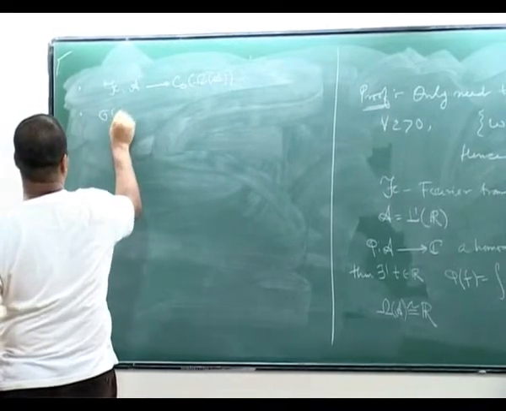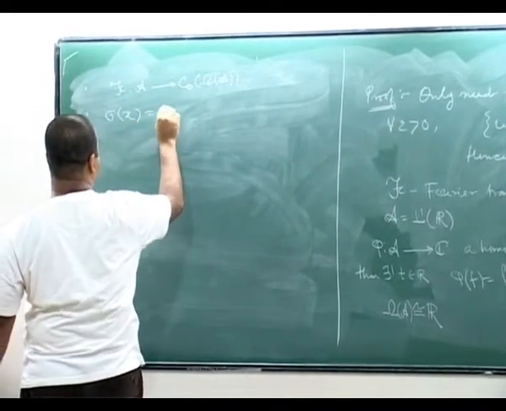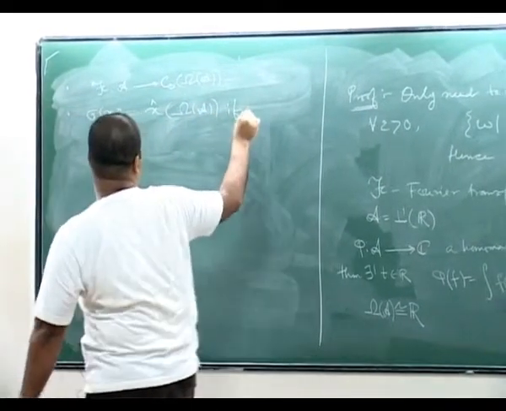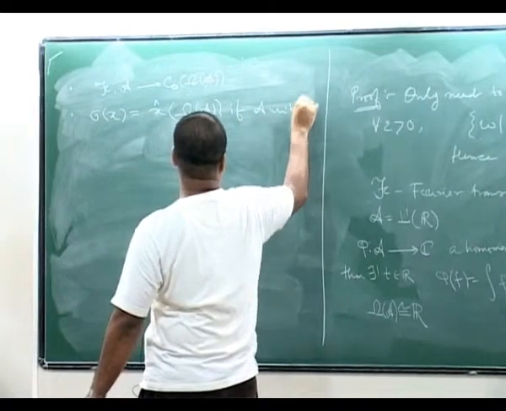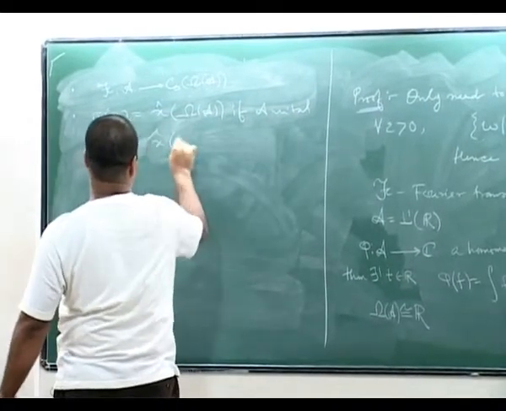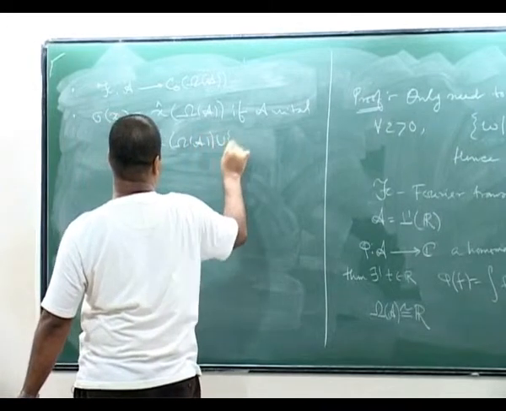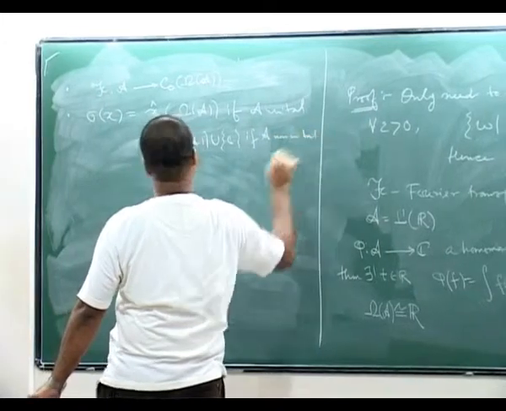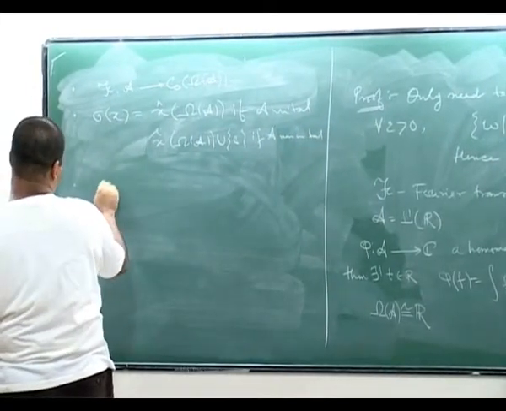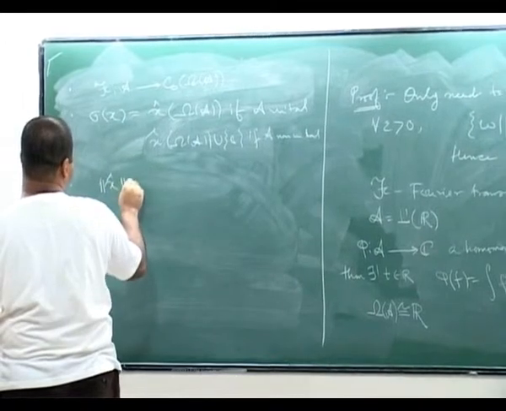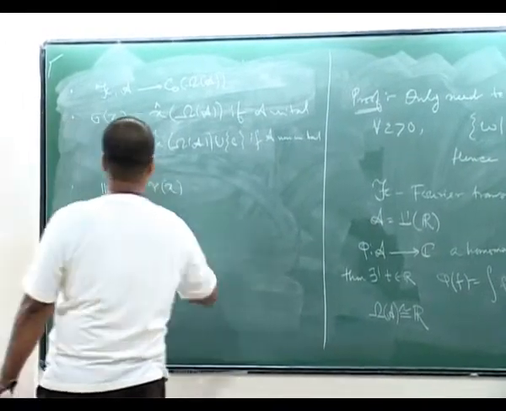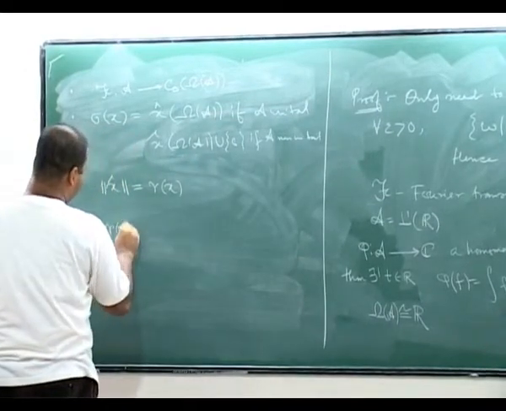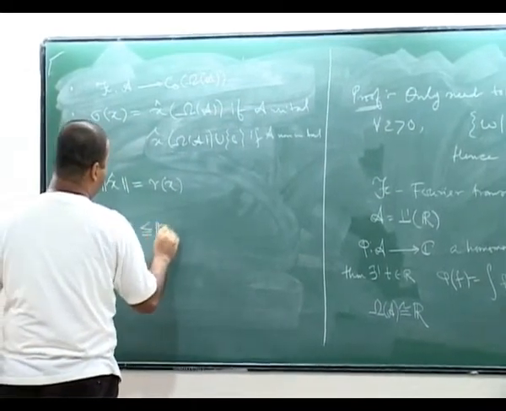Point number 2, the spectrum of x is the image if A is unital, otherwise it is this if A is non-unital, and then so in general we know the following thing, that the spectral radius of x is less than or equal to the norm of x.